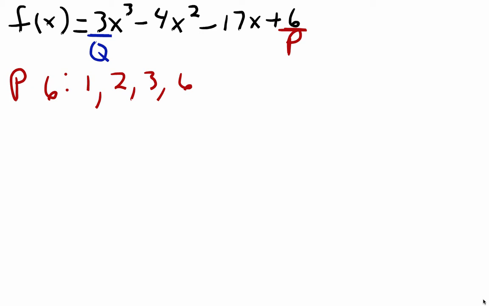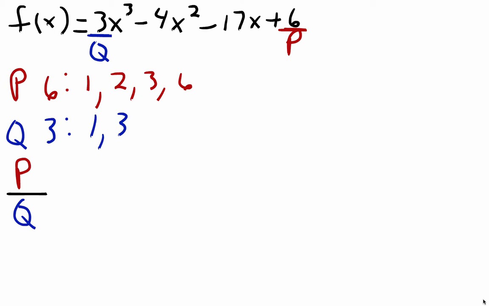The factors of 3 are 1 and 3. Now we're going to list all of the rational numbers in simplest fraction form, so they have to be reduced as far as they go. We're going to do it as P over Q, and we have to do the positive and the negative of each one.